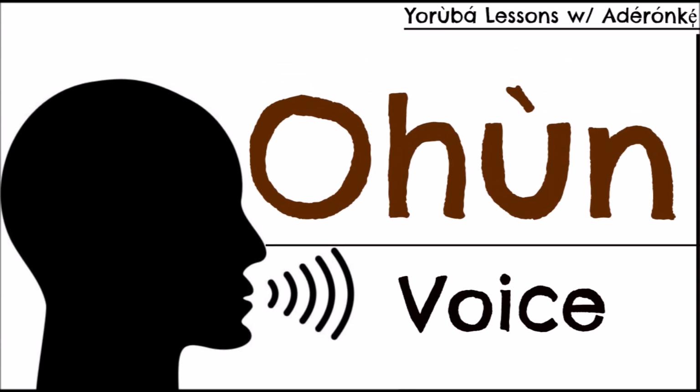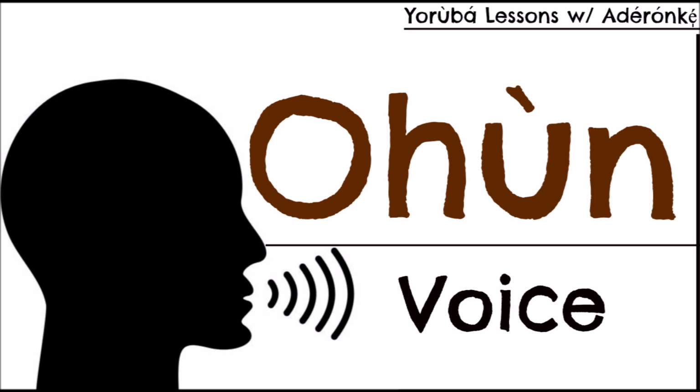Orun is our voice. Orun is sound, and it's also voice. So you're hearing the sound of my voice. And bo me, you are. When you include bo in the sentence, you're giving it the sense of something that is either happening or continually happens.